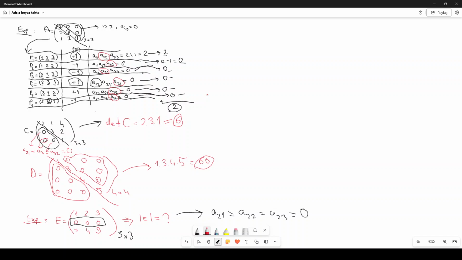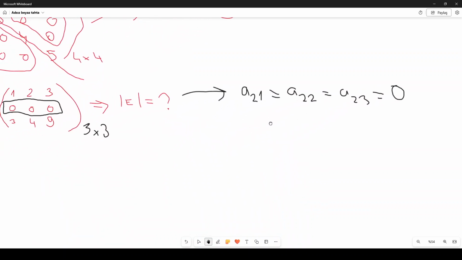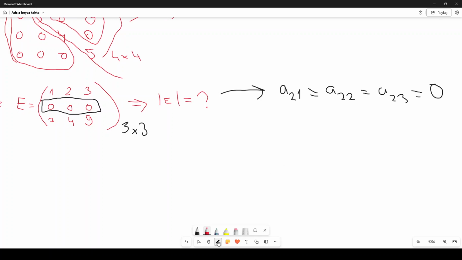That means if we have a 0 row, the determinant is equal to 0. This is a very important property. If we have a 0 row, then the determinant must be equal to 0. In this case, the second row is a 0 row for the matrix E, and we don't need to compute the determinant, it's equal to 0.